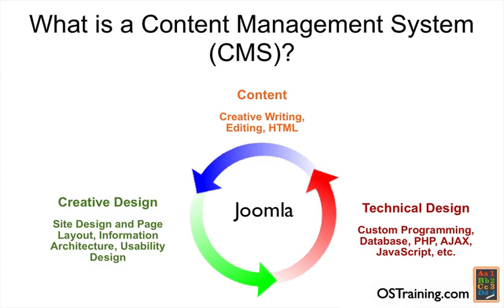So when Joomla has an update, you don't have to worry about your content or your design because it's only the core files that are being updated. When you want to change your design, you don't have to actually physically change any code in Joomla because the two are separate. Similarly, when you want to change your content, you don't need to change your design, and Joomla picks up the new content that you've entered and creates brand new pages each time somebody loads your website.